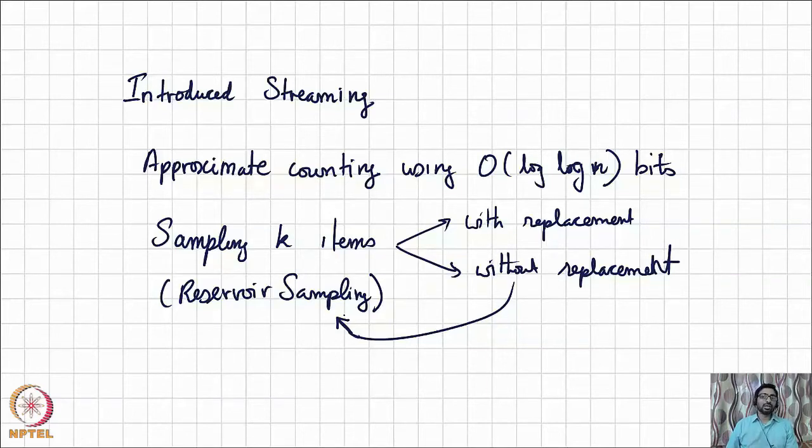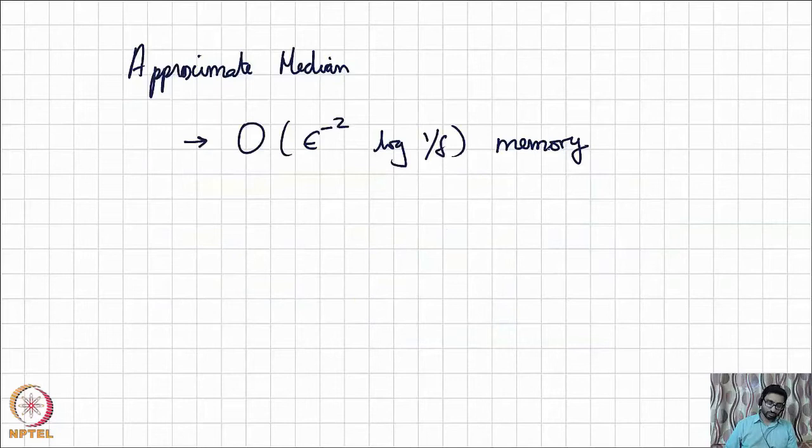What we are going to look at today requires a lot less memory and just a single pass. In particular, this approximate median algorithm will only require O of epsilon to the -2 times log 1 over delta amount of memory, and it will require exactly 1 pass.